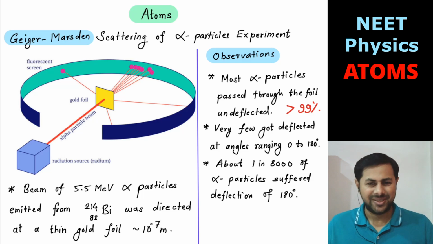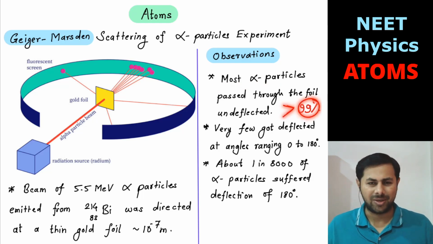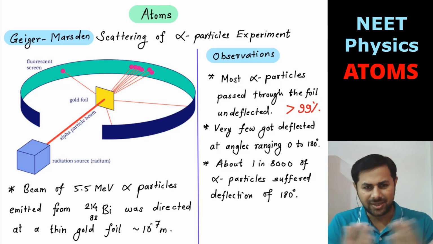So what did they observe? They observed that most of the alpha particles pass through the gold foil. Greater than 99% of alpha particles just pass through the gold foil as if there is nothing in between.